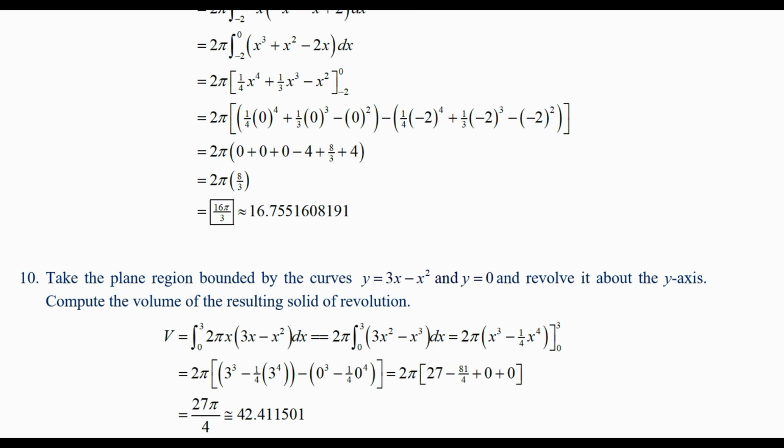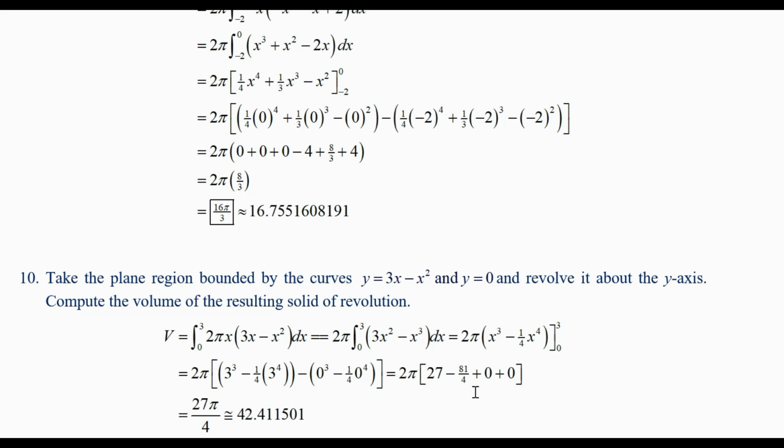If I factor 27 out, and then multiply the 2 in, I get a 2 minus 3 halves. 2 is 4 halves minus 3 halves is 1/2, and that gives me the 1/2 out here.